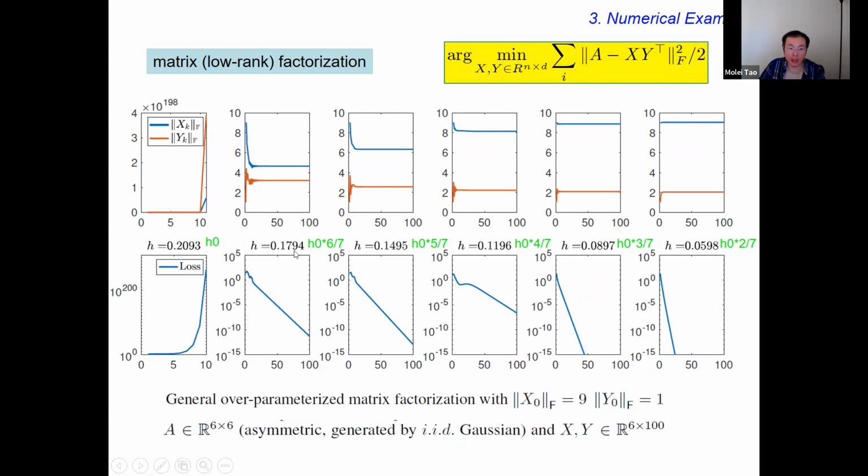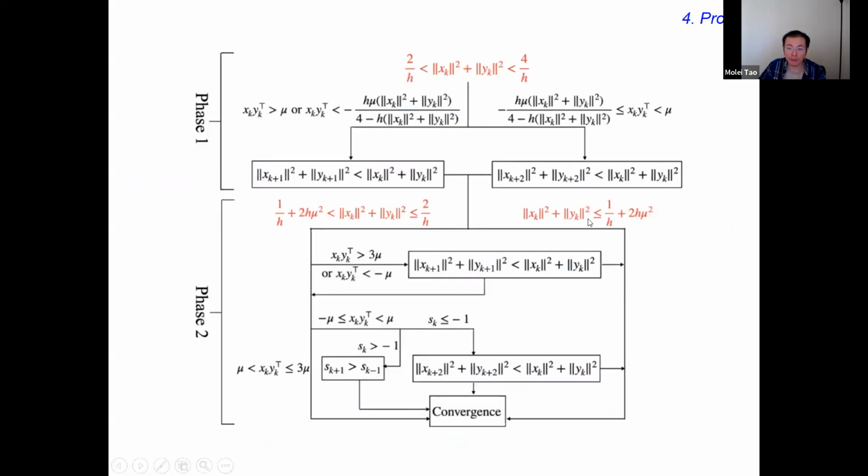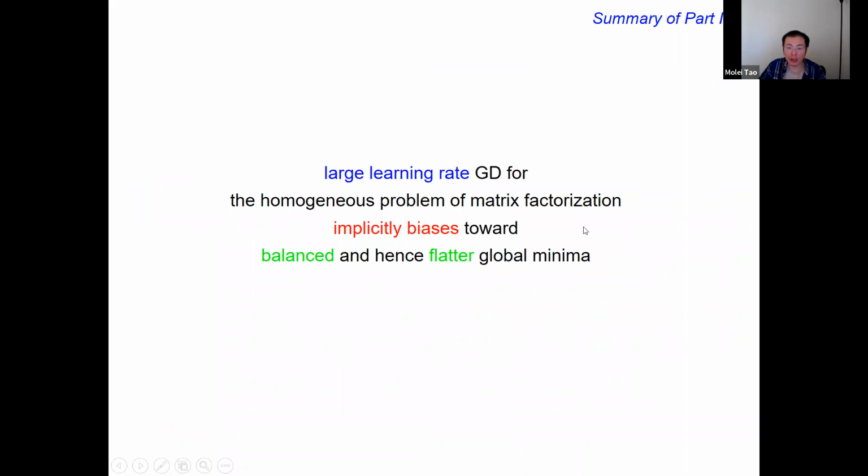But if I use an H that is large, but still below 1 over the Lipschitz constant, I actually get relatively good balance between the norms. If H becomes smaller and smaller, the balance becomes worse and worse.